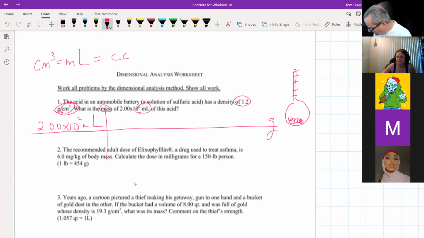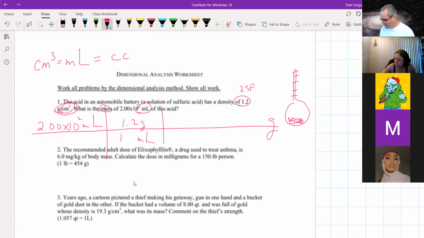So we're going to put the milliliters on the bottom, and 1.2 grams on the top. Now that is a measured quantity, so it has significant figures, and that's 2 sig figs. Okay, and the milliliters cancel, and it gives us grams, and we want to calculate grams, so it's going to be a one-stepper.